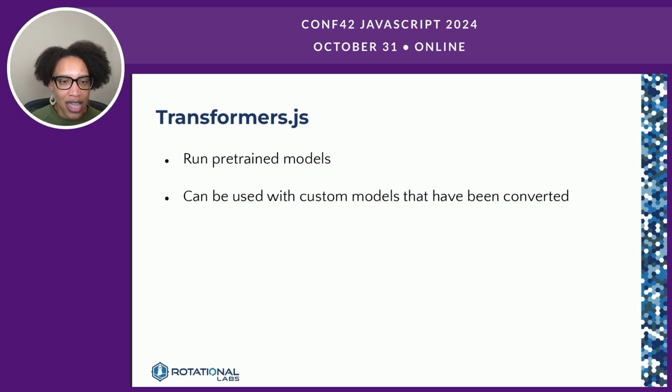Another thing that is really cool about Transformers.js is that it can be used with custom models that have been converted. So I mentioned earlier that there are the Transformers and the TensorFlow Python libraries, and those models can be converted.